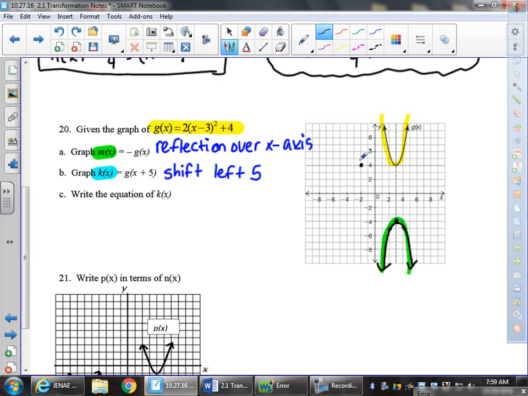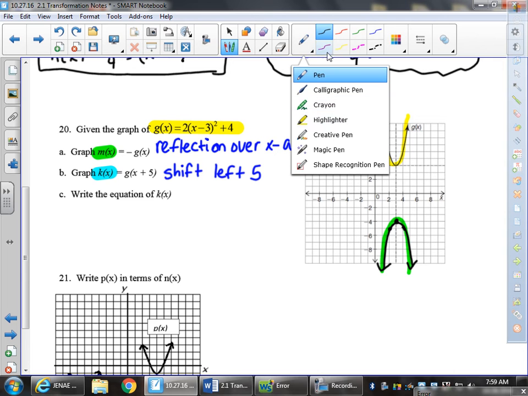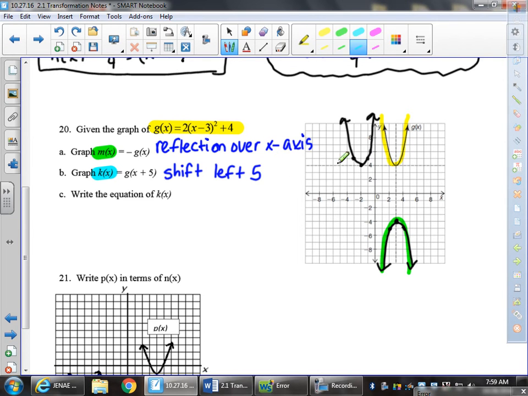Any change in the width at all? No. So again, with your sketch, do your best to maintain the original width. We have successfully shifted the graph left 5. We're done.